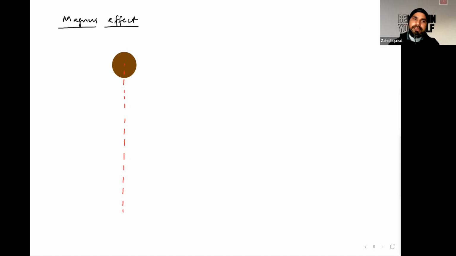In the second case, suppose you spin this ball in this direction, that is anti-clockwise. Will it deviate from its actual path, or will it go straight?